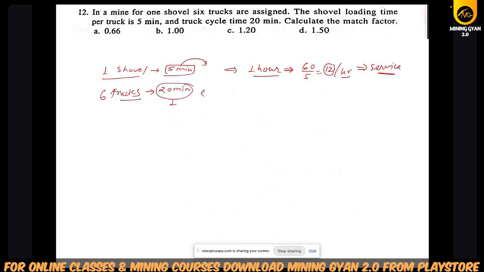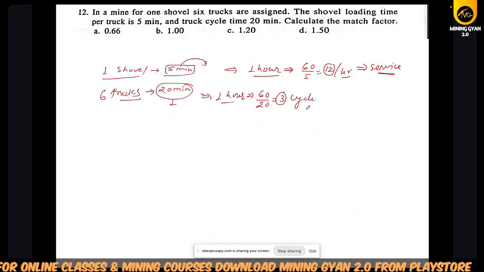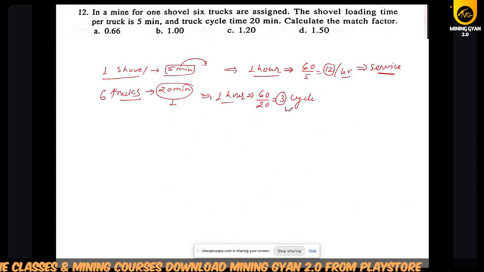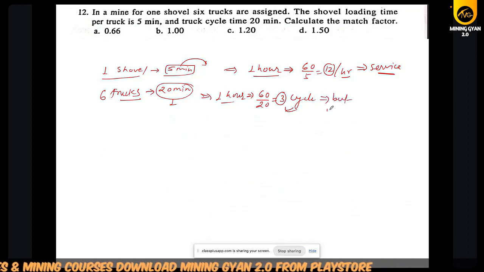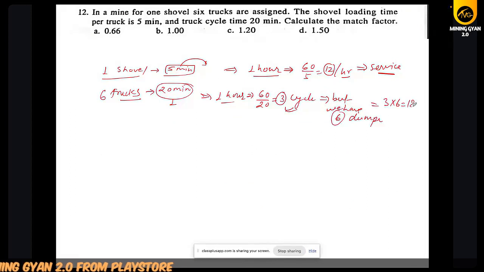So in 1 hour, 60 divided by 20 means 3 cycles will be completed by one dumper. But we have 6 dumpers, so 3 into 6 equals 18 is the arrival rate.